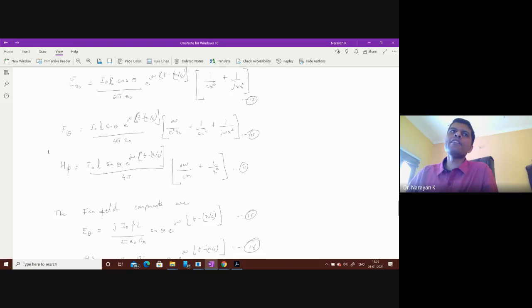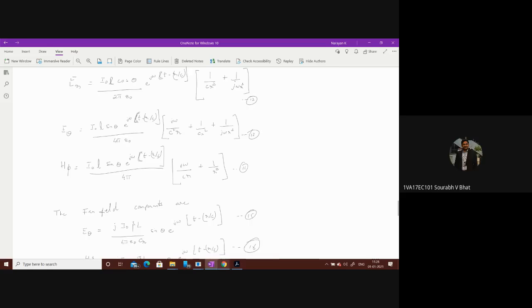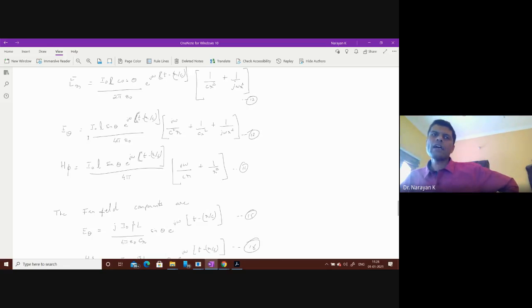If R is very small, ER becomes very large. Induction field means it will not radiate power. So if your point P is very close to the antenna, you will get no signal. Is it clear? Yes, sir.